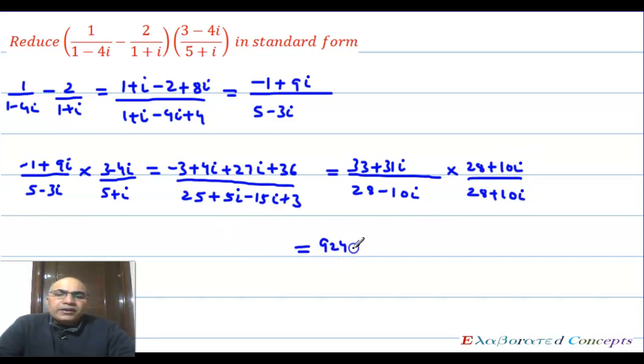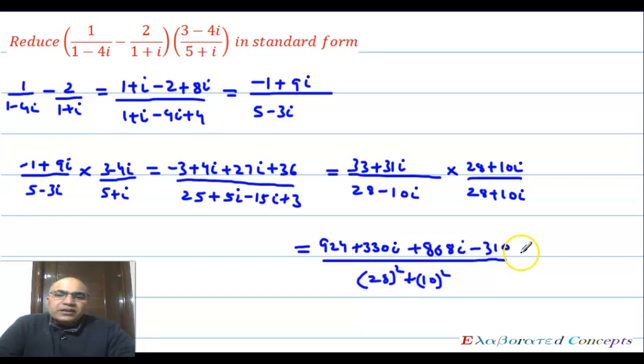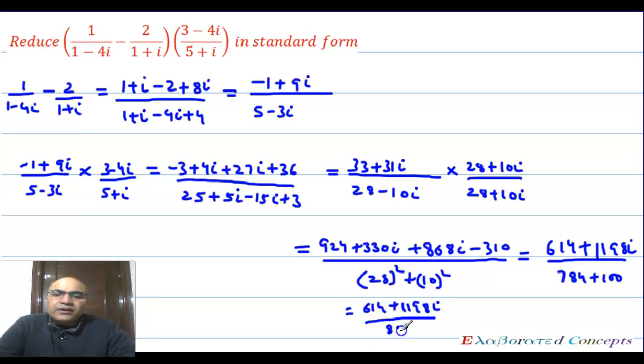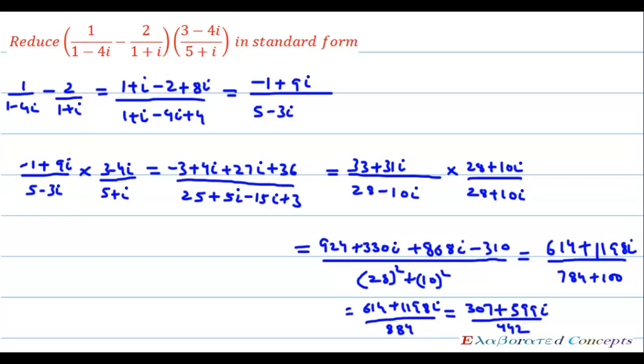We get 924 plus 330 iota plus 868 iota minus 310 upon 28 square plus 10 square, which is equal to 614 plus 1198 iota upon 784 plus 100, which is equal to 614 plus 1198 iota upon 884, cancelling 2 we get 307 plus 599 iota upon 442.